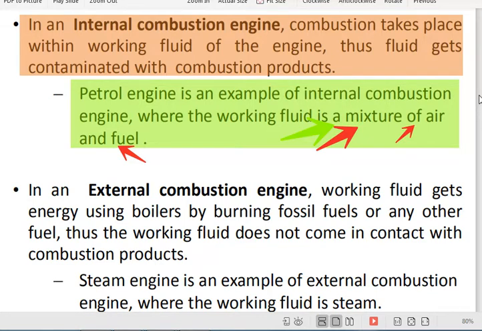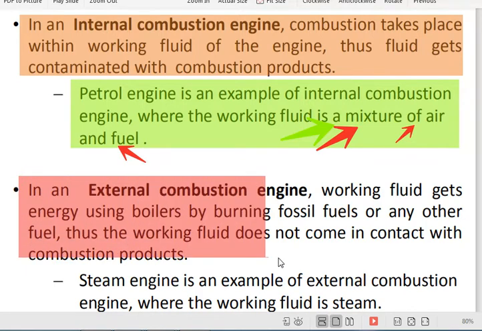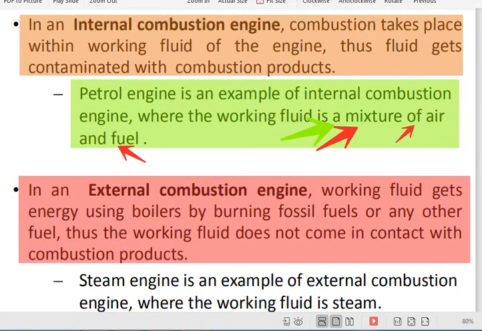And the example of this type of engine is the steam engine. The steam engine is the best example of an external combustion engine. So what happens in a steam engine?